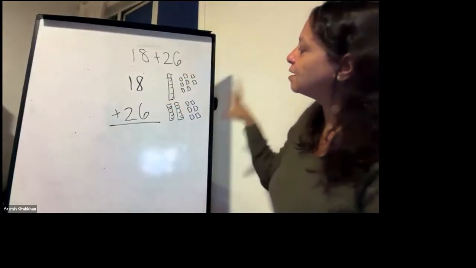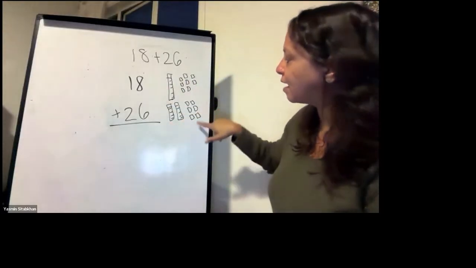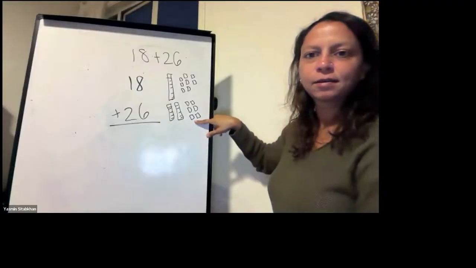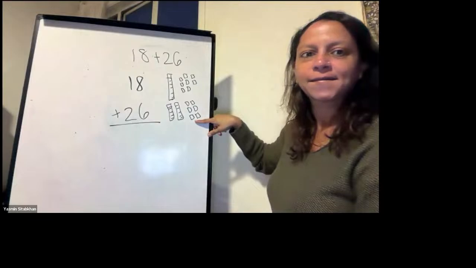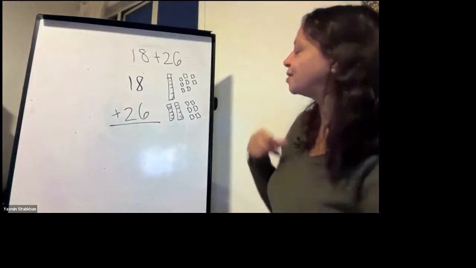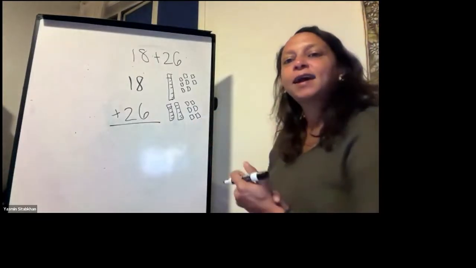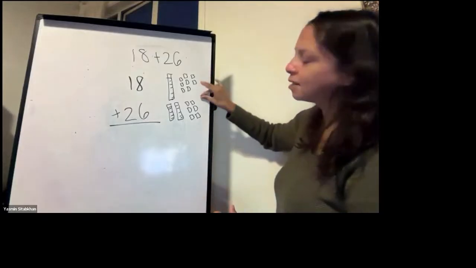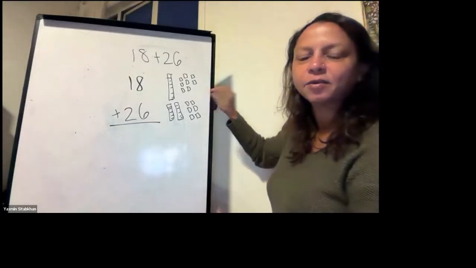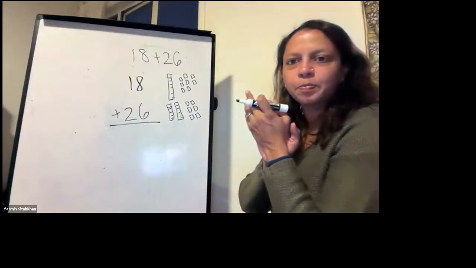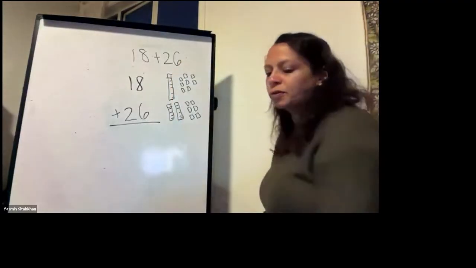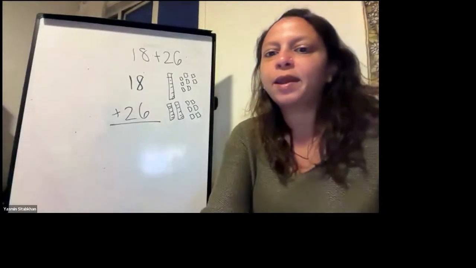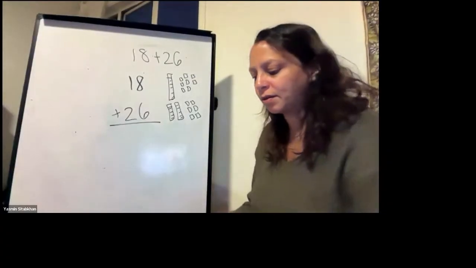So we have 18 and 26, 2 tens, and how many ones? 6 ones. Thank you. 6 ones. Okay, now let's add first the ones. Put all your ones together. Let's put all of our ones together in a group. And how many do we have if we put all the ones together?